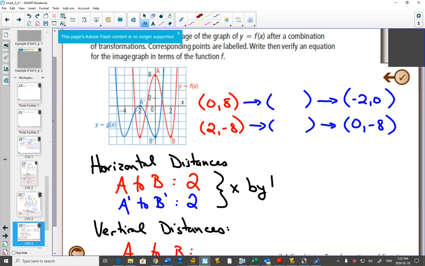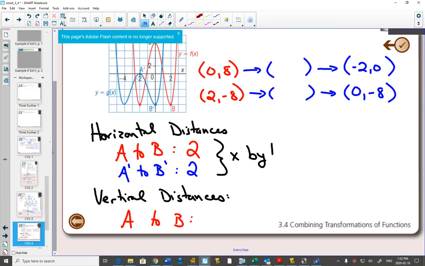To go from A to B, I'm going to go down 16, so I would write that as a -16. From A prime to B prime on my blue graph, I go from 0 down to 8, so I go down -8.